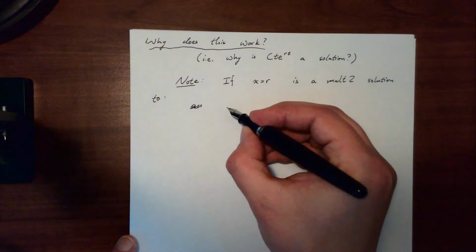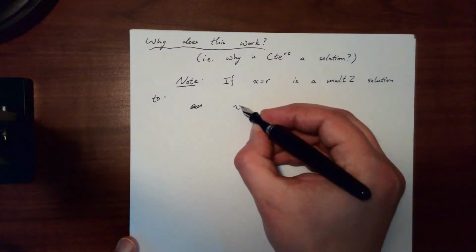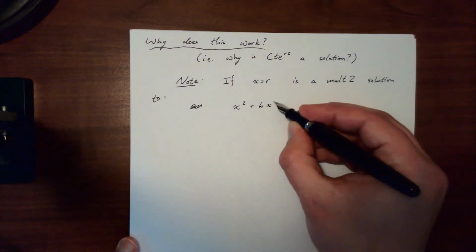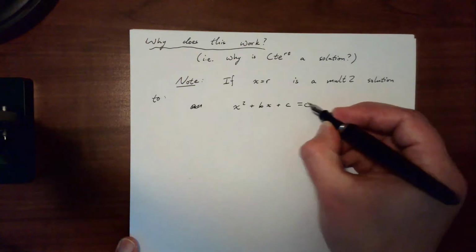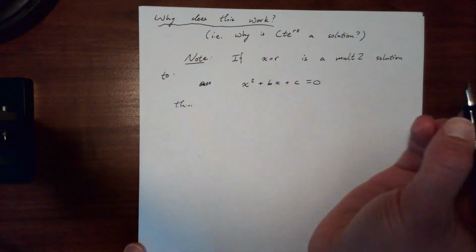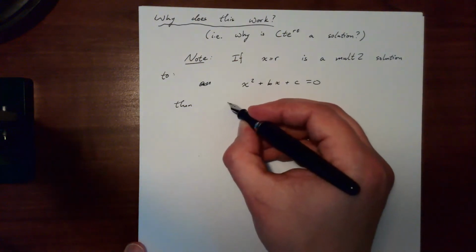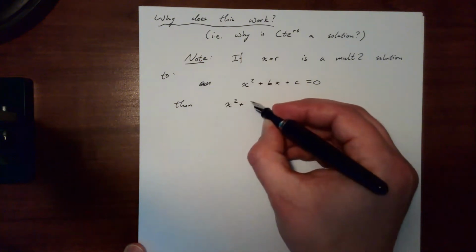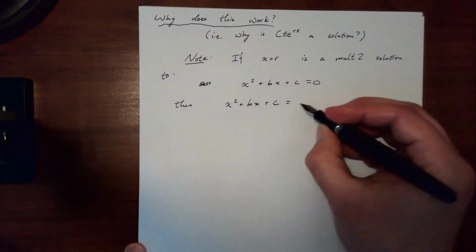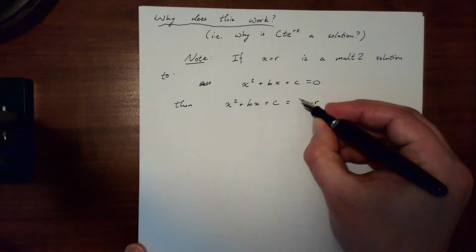We can always just assume that the constant coefficient has been divided by. Then x squared plus bx plus c is the same as x minus r squared.